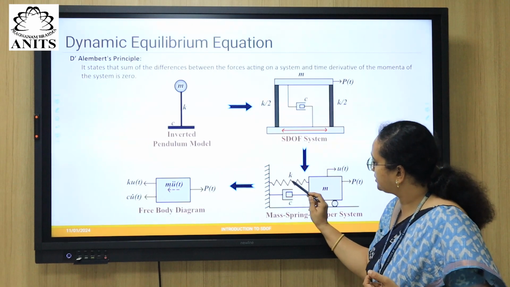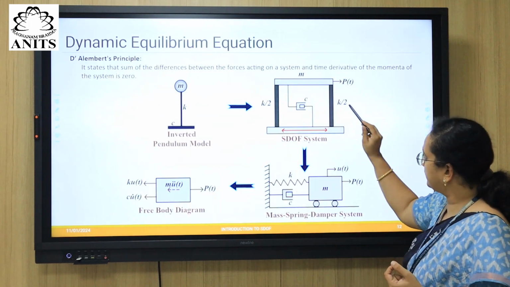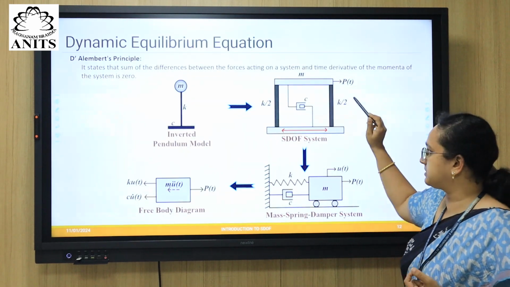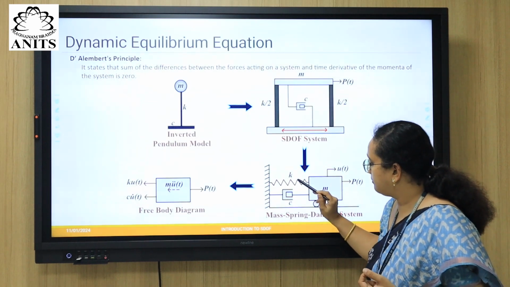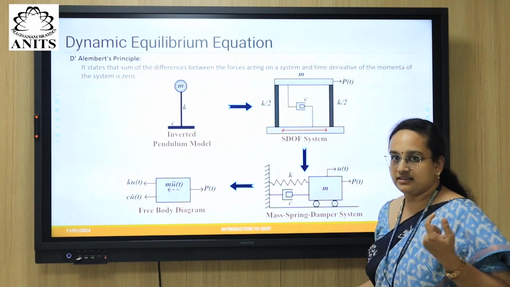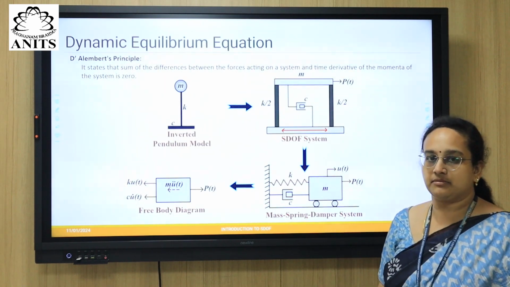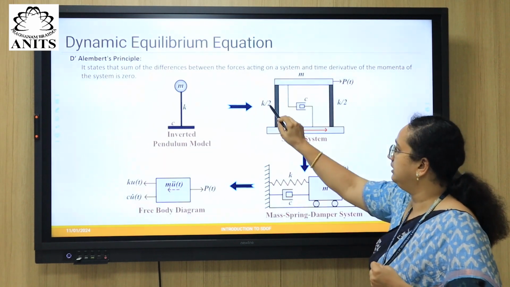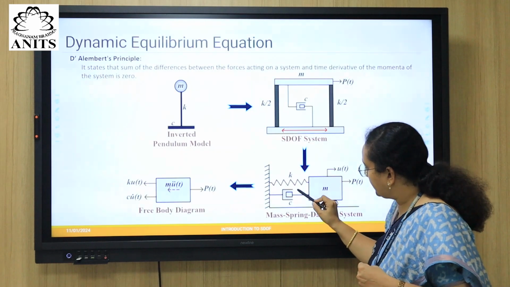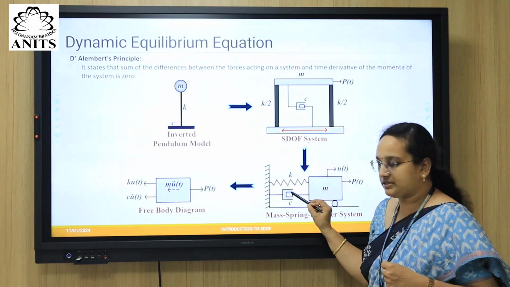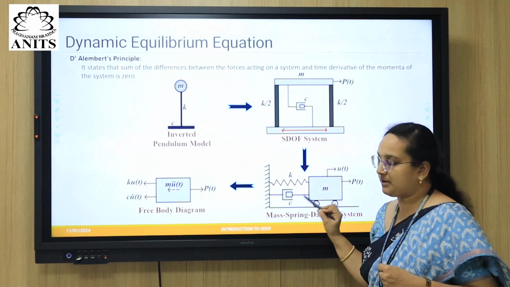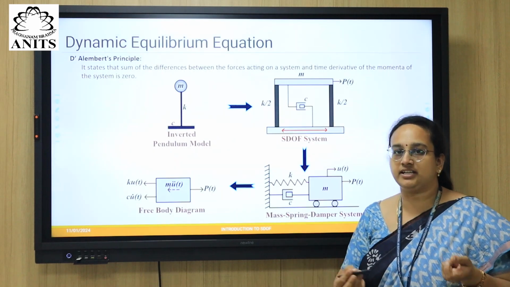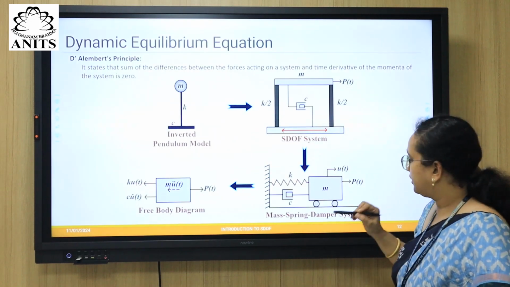Then you have a spring. The stiffness, whatever we are saying, column stiffness, we can indicate it as a spring, like spring constant, right? Stiffness is nothing but the spring constant. So this has a constant K, which is equal to the stiffness of the structure. And then the damper, which is representing the damping in the system. So the damping is intermolecular friction, right?